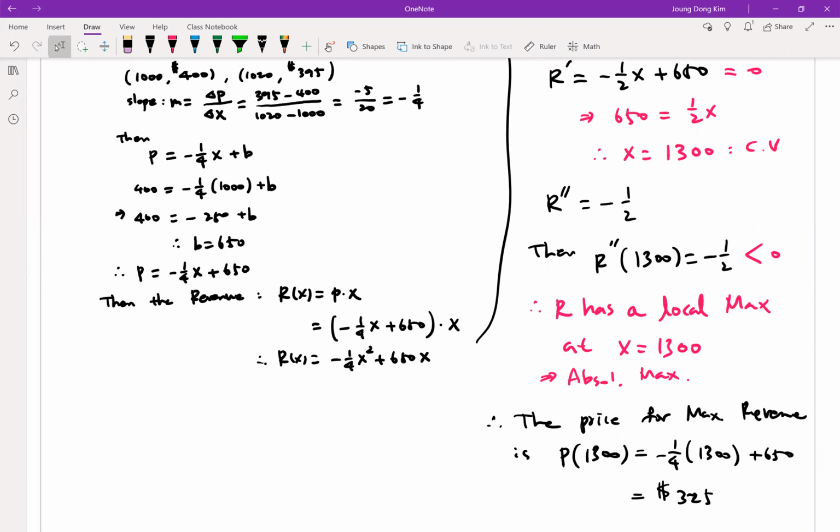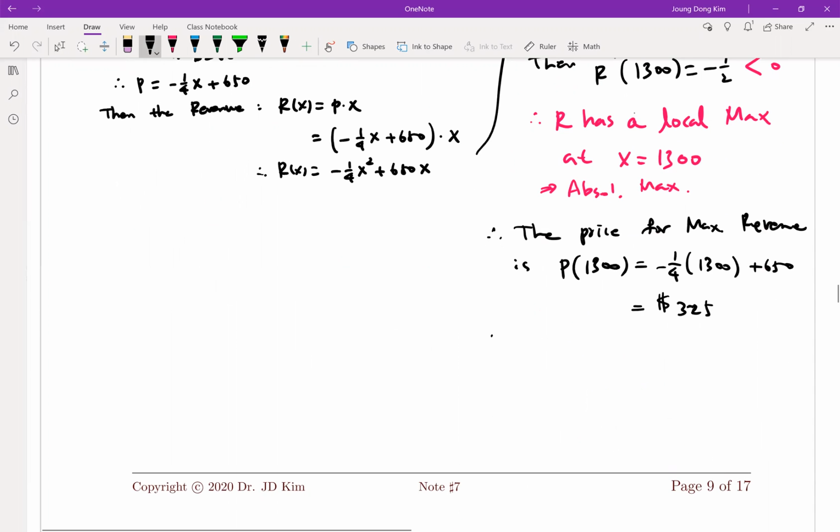So how much is the maximum? It is equal to negative 1/4... Oh no, I'm sorry, just plug in the quantity, because x is quantity, right?